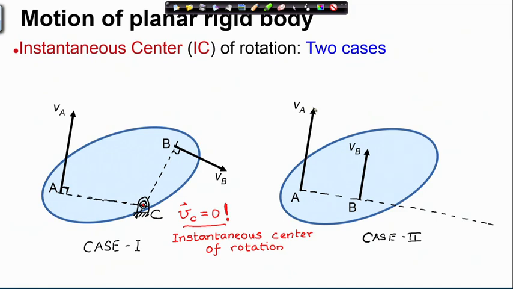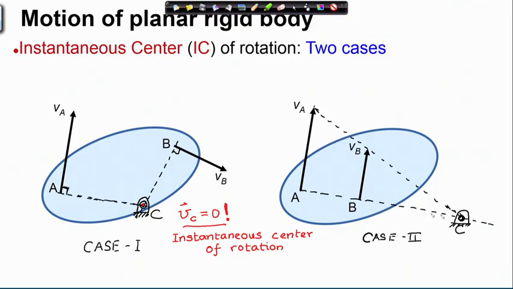So, if I locate it this way, this point is C, and you may assume that this point is hinged. This is the instantaneous center of rotation when the velocity distribution of 2 points A and B are as shown in case 2.